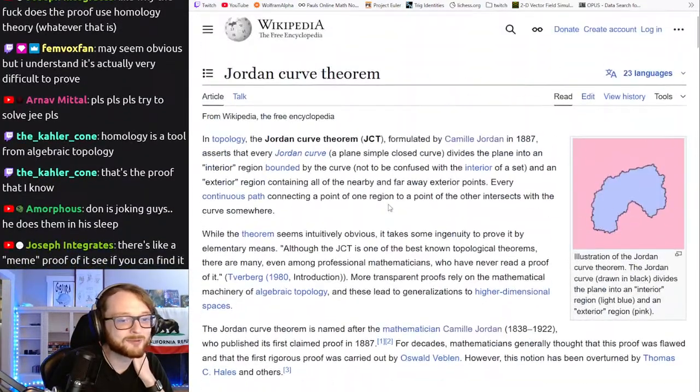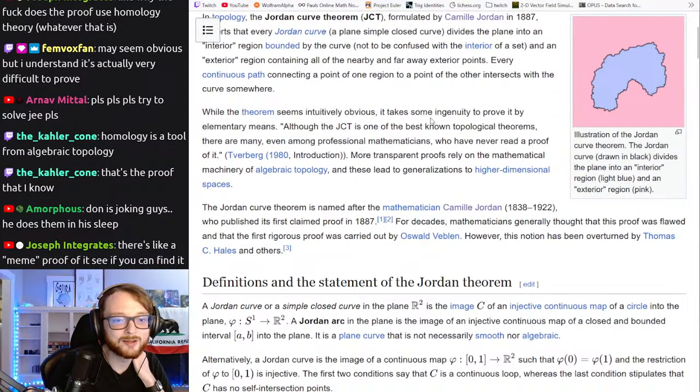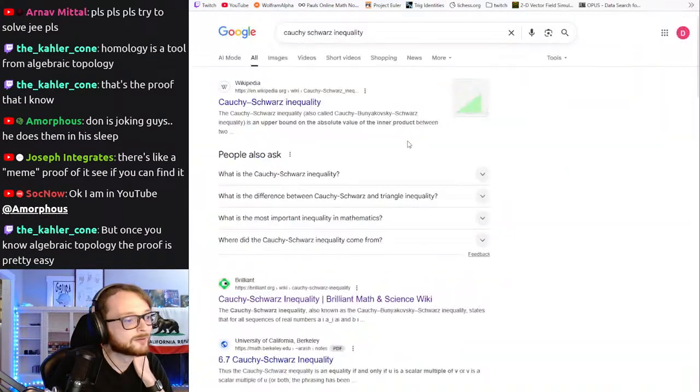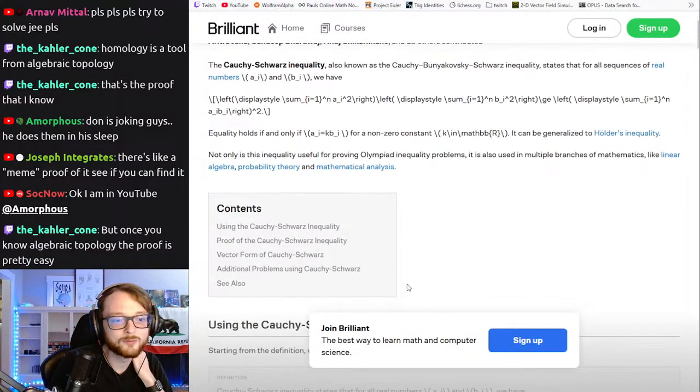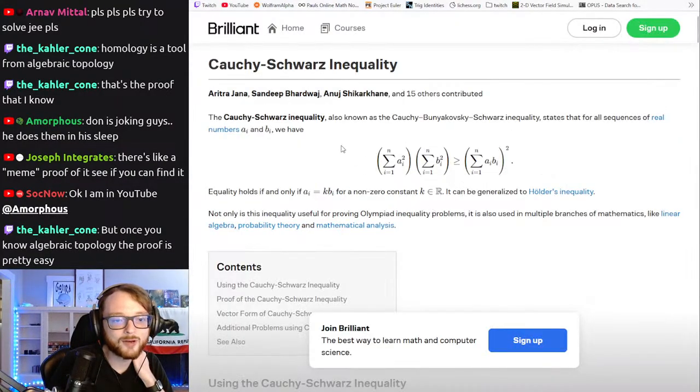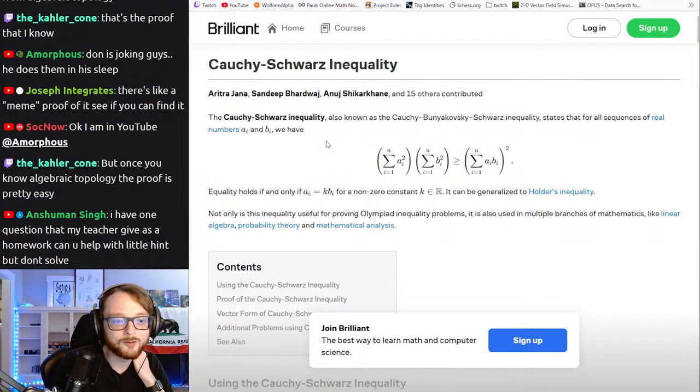I was wondering if they were gonna show the elementary means, but maybe not. Sorry, so someone asked about the Cauchy-Schwarz inequality. Honestly, I'm sorry. I've almost never used this thing. I feel like you mostly use this for competitions.